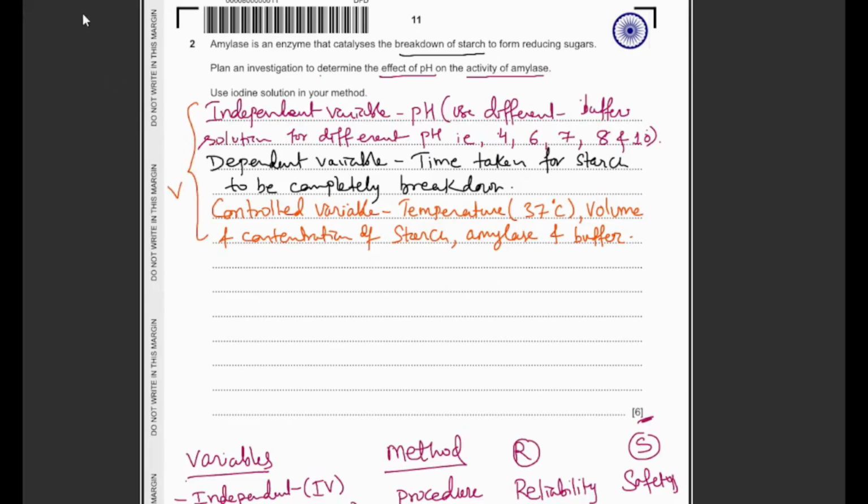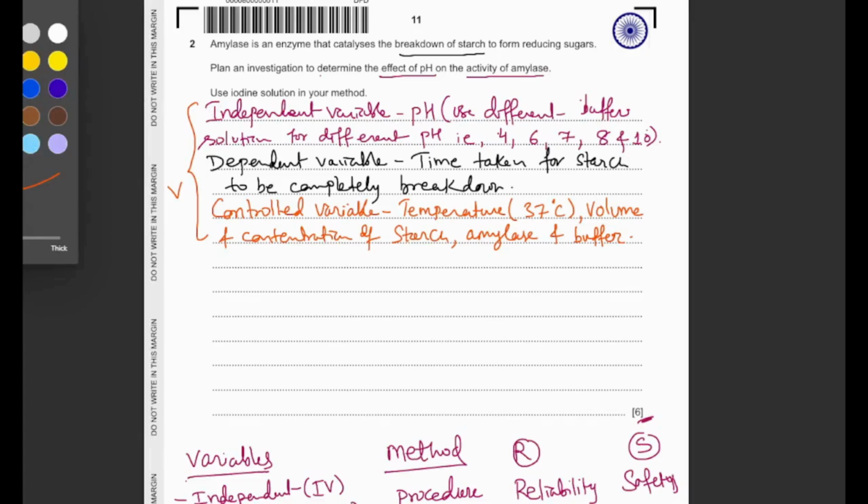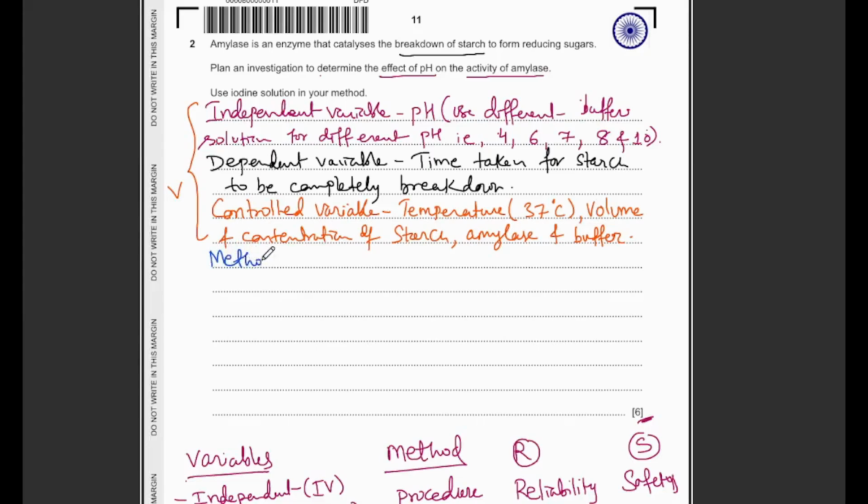Moving to the method or the procedure. So let's go back to our procedure. Okay, so method. What's the method here? First point in the method is place a few drops of iodine solution into wells of a spotted tile.